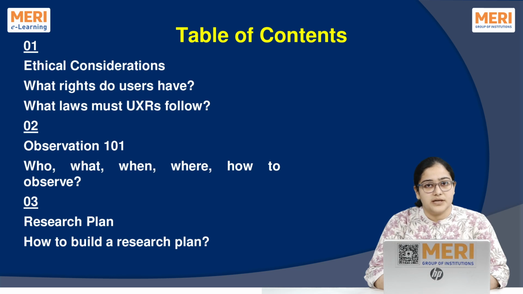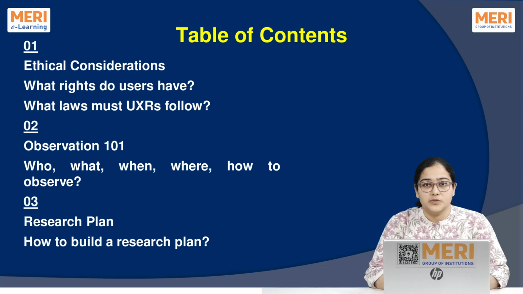The second topic is Observation 101. This part focuses on the basics of observation in UX research. We will discuss who to observe, what to observe, when to observe, and how to capture meaningful information about user behavior. The third topic is research plan.